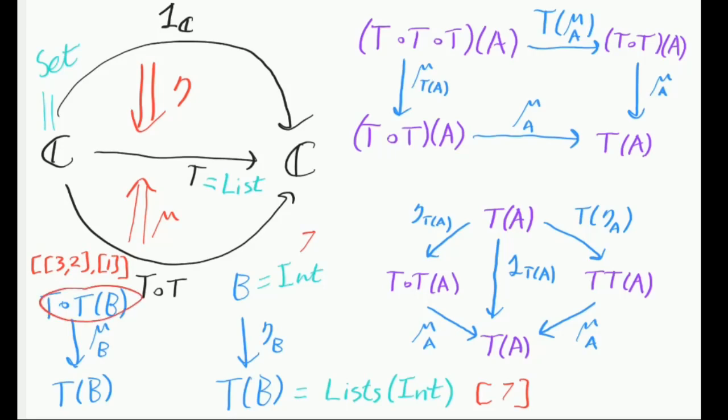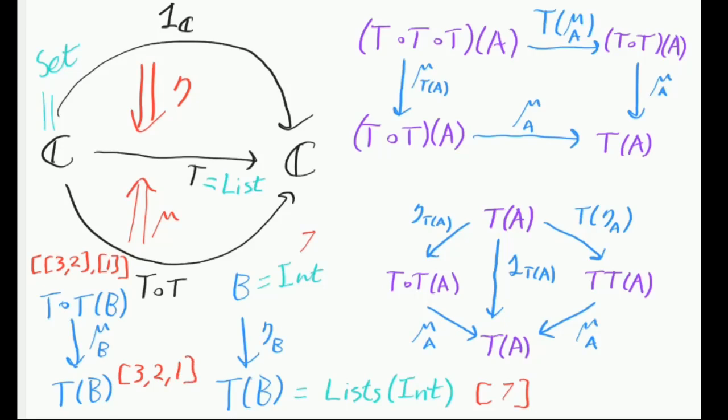So T of B is the set of all lists of integers, and this is an element of that set. And this multiplication here is going to take that kind of thing and give us a list of integers. And it basically works by flattening this structure, by deleting these interior brackets here. So the result is just going to be 3, 2, 1.